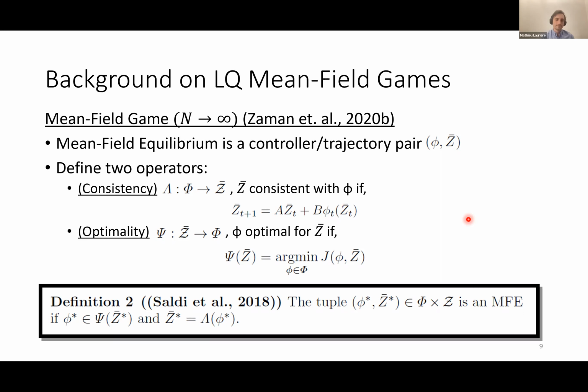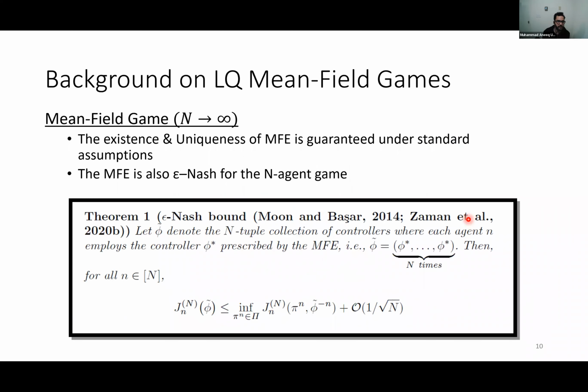In the literature, there are results on existence and uniqueness of mean field equilibrium under standard assumptions, and these mean field equilibria are shown to be epsilon Nash.